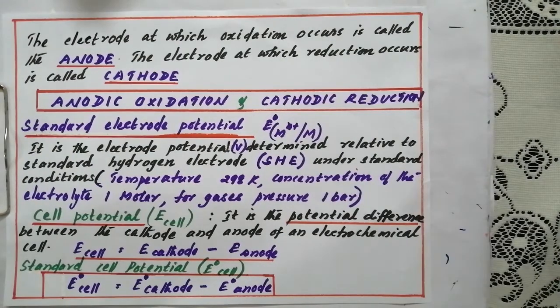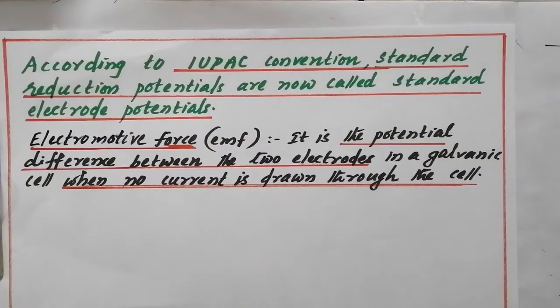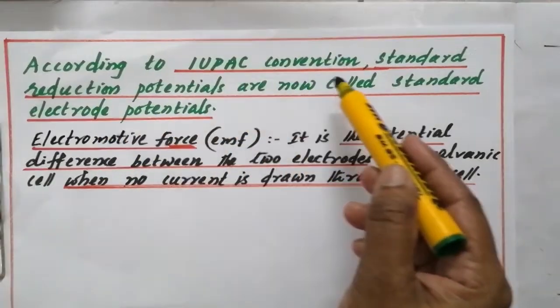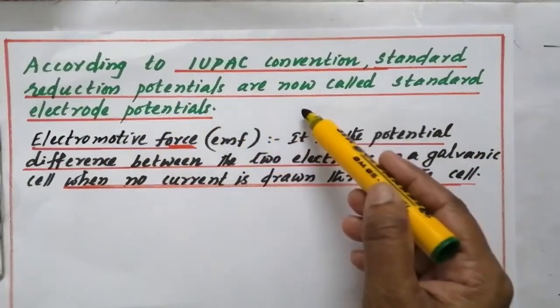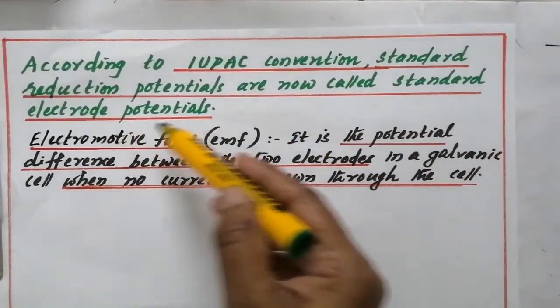For the redox reaction to be spontaneous in an electrochemical cell, E0 cell should be positive. According to IUPAC convention, the standard reduction potentials are now called standard electrode potentials.